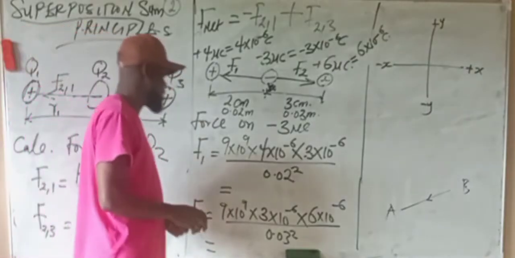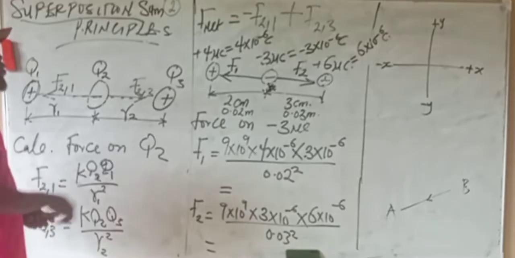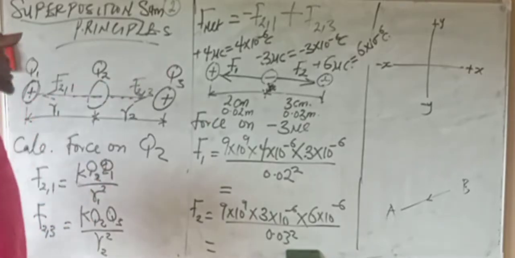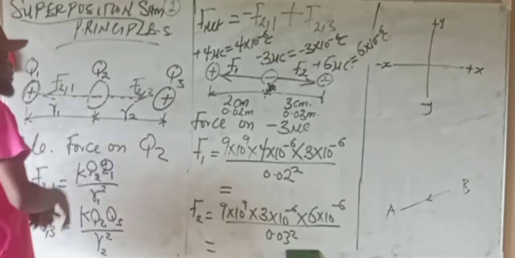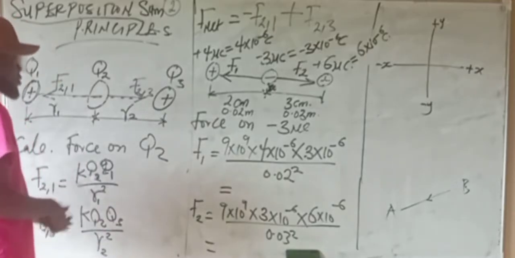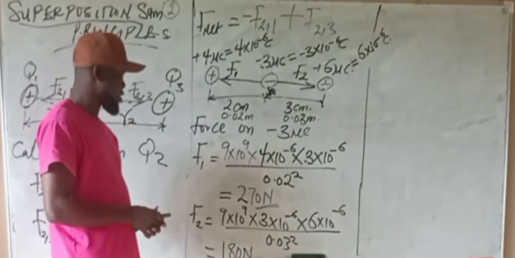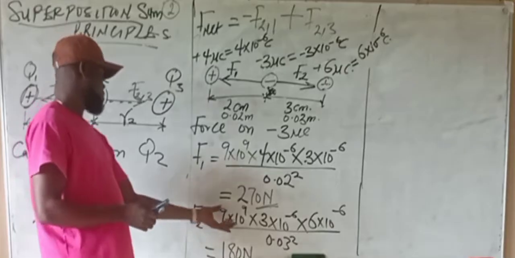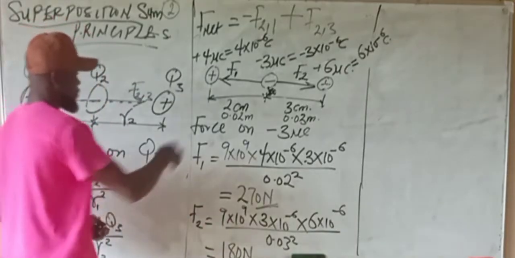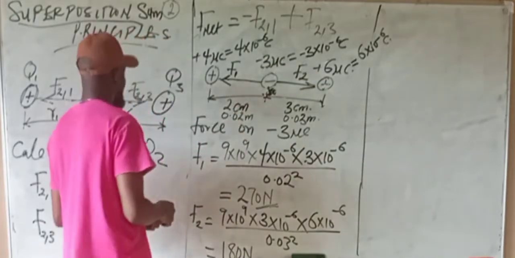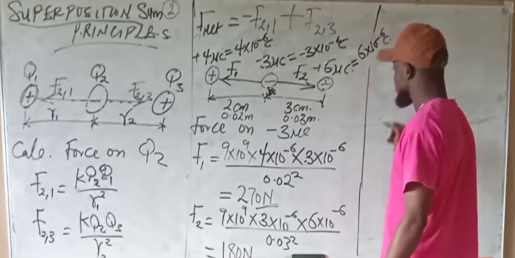Now, after you have gotten the answer, we apply the direction. If you want to go to the left, take negative; go to the right, take positive. For your calculator, we have 270 newtons for F1, and 180 newtons for F2. Now, what is the actual force acting on this? Apply the vector summation rule.